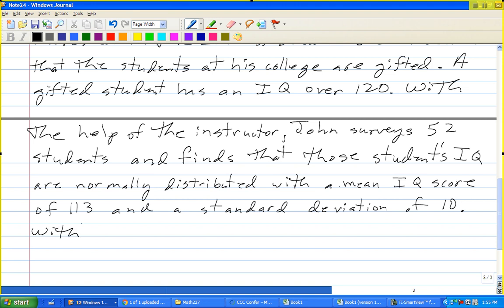With a 3% level of significance, test the claim.